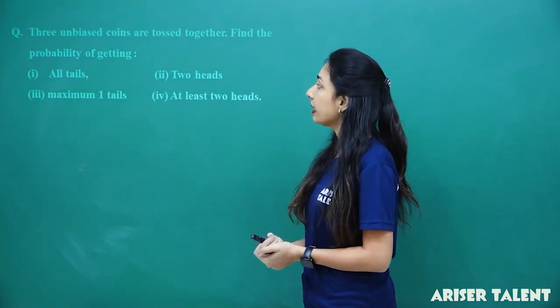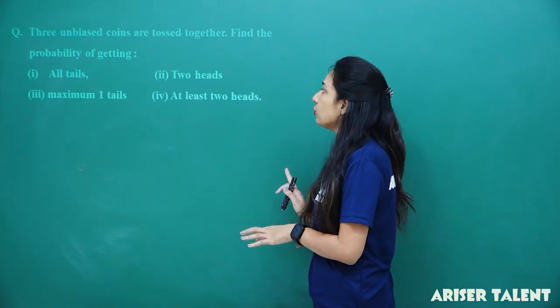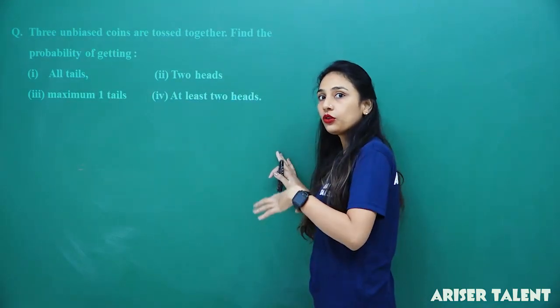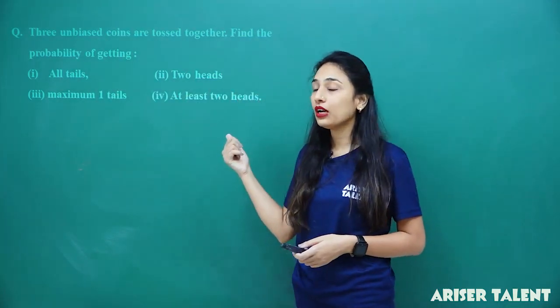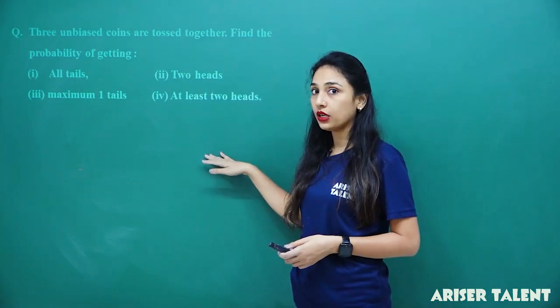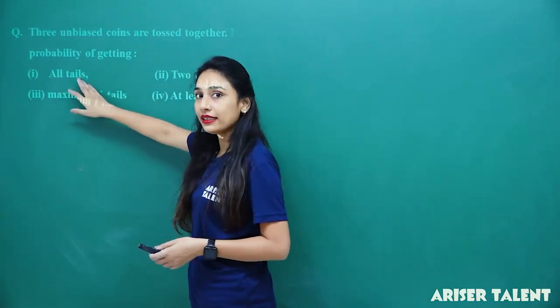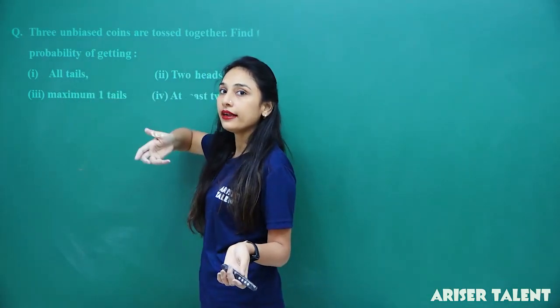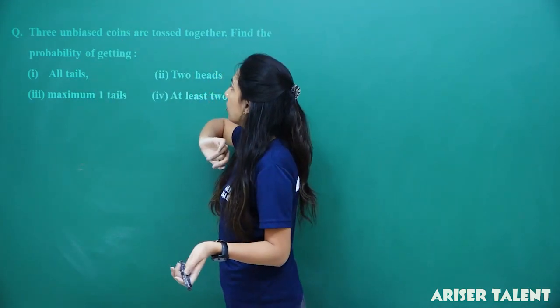Find the probability of getting all tails, 2 heads, maximum 1 tail, at least 2 heads. Now you have to do it on your own, and these particular situations you have dealt with in the very first question I taught you today. Where you asked about all heads, that is 3 heads, because 3 coins are to be tossed.